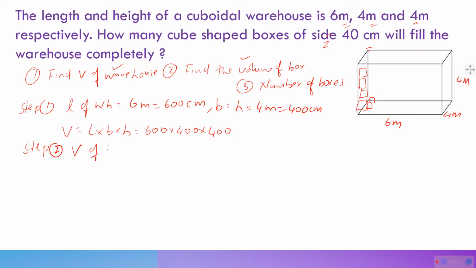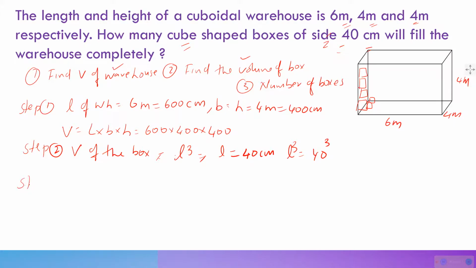The box is cube shaped, so all sides are equal. We will be applying the formula L cube, and L is equal to 40 centimeter, and L cube will be equal to 40 to the power of 3.